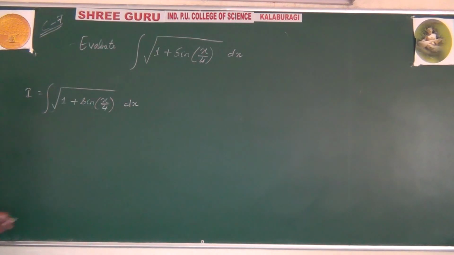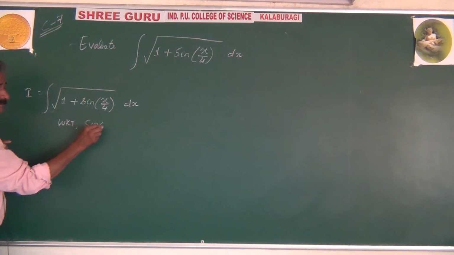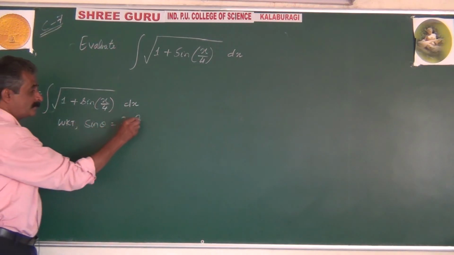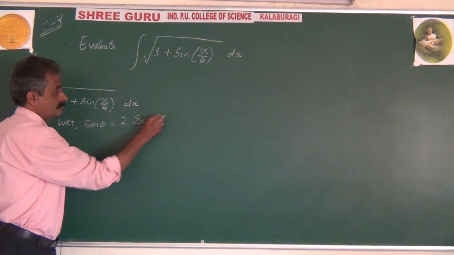What we shall do is that we shall bring a perfect square inside the square root. For that we use half angle formulas. We know that sin theta formula is 2 sin theta by 2 into cos theta by 2.